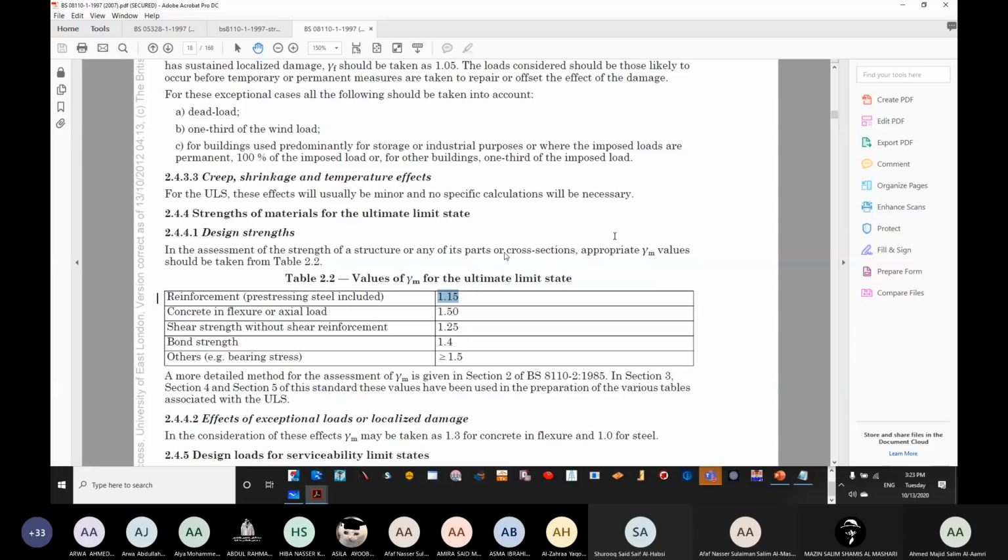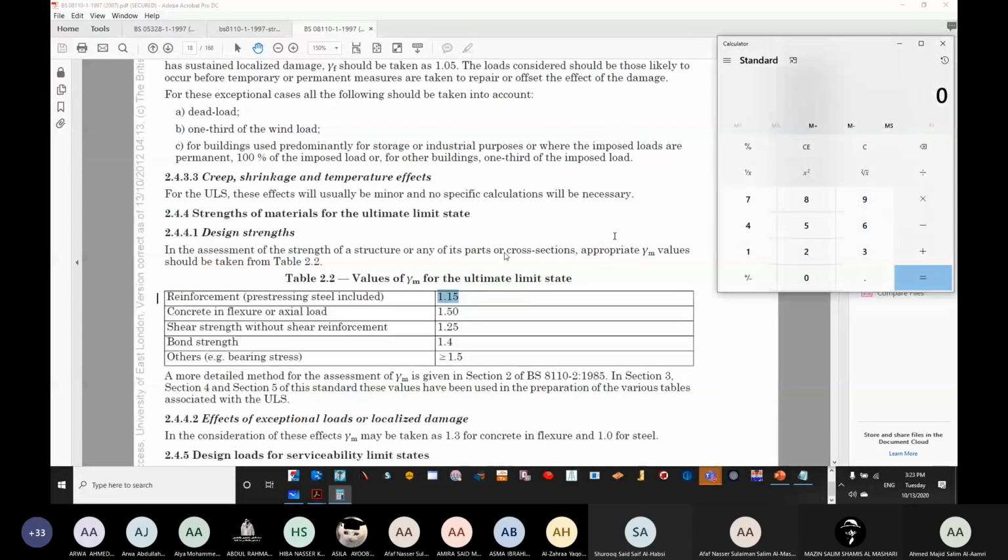It means if I want to get the factored strength, 500 is my reinforcement strength divided by 1.15. So even if it's 500, I'm considering the strength to be 434. Anything more than 434 is fine. I'm designing my element to be 434.